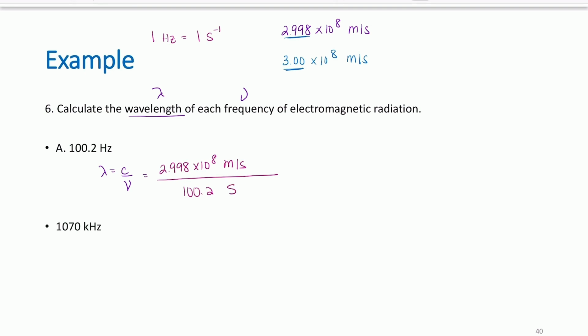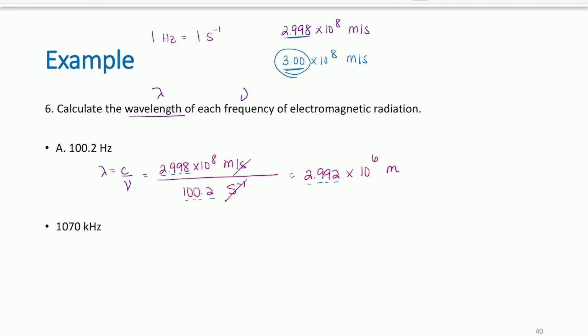So I'm going to replace this with seconds to the minus 1 just so it's very clear on my units here. When I calculate this out, I get 2.992 times 10 to the 6th meters. 4 sig figs. Again, if you'd use 3.0 there, you would have 3 sig figs here.